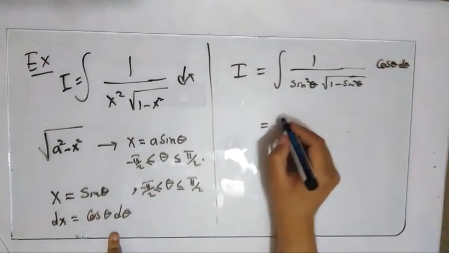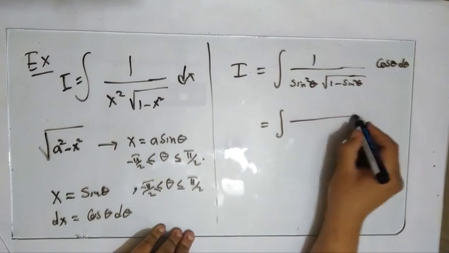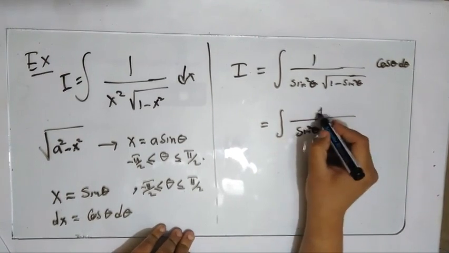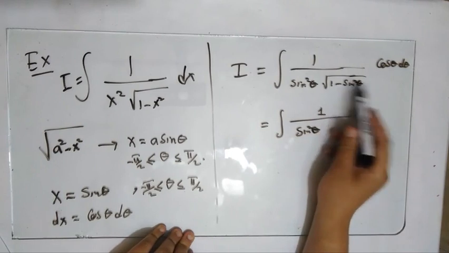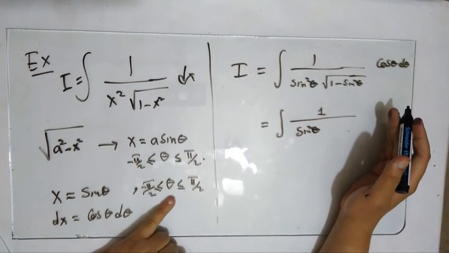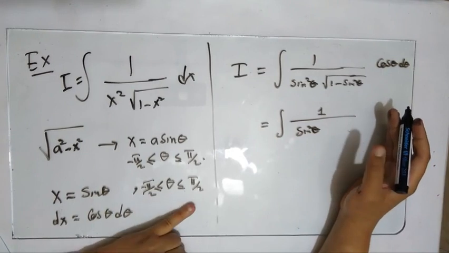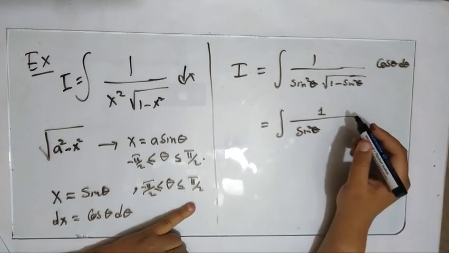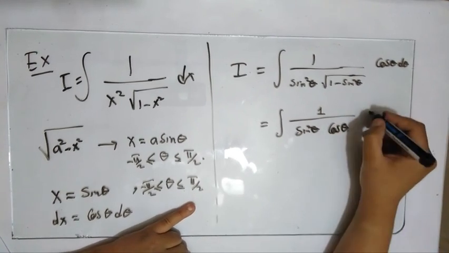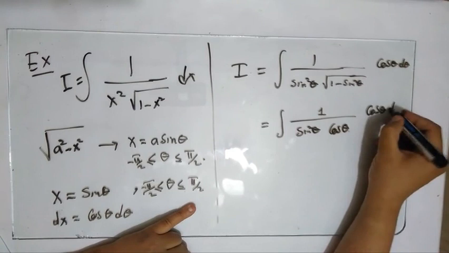So I will be the integration of 1 over sine squared theta, and here is 1 minus sine squared, which is cosine squared, and then the square root will be the absolute value of cosine. Since our theta is between negative pi over 2 and pi over 2, our cosine is positive, so we can write cosine theta, and then here you have cosine theta d theta.